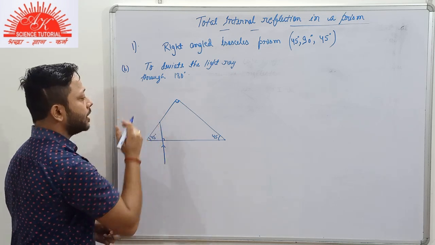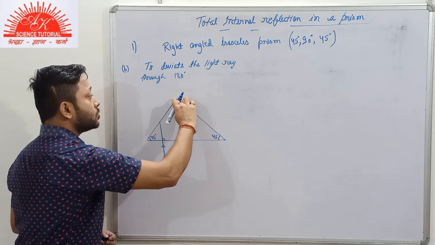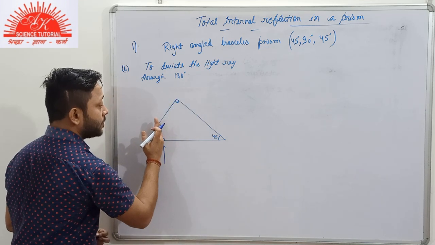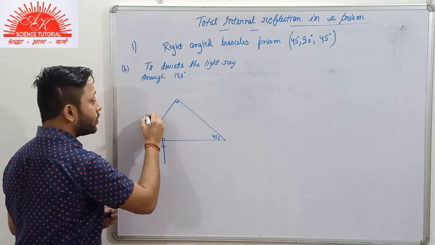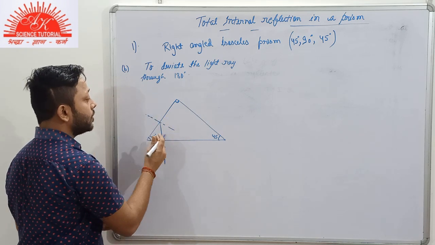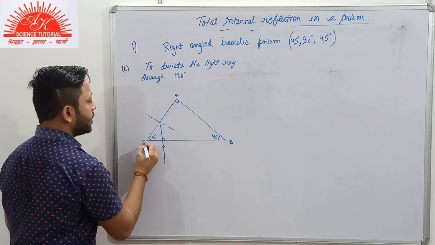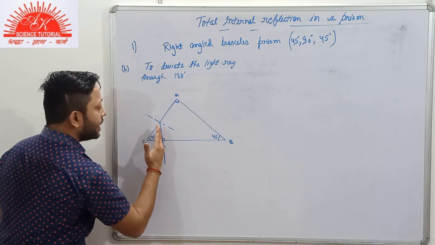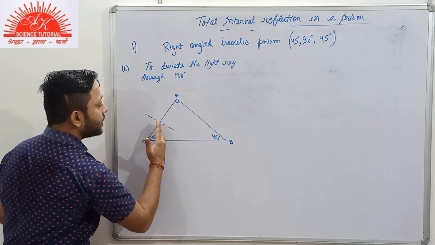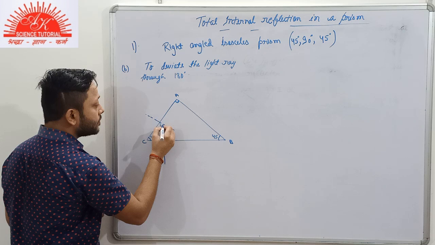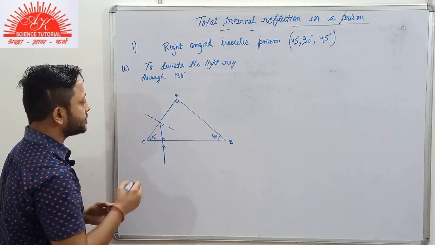So it passes undeviated. Now as soon as this light ray enters the prism, the glass medium, we have to decide what the angle of incidence is when this light ray strikes the surface. Suppose this is A, B and C. When the light ray, after entering the prism, strikes the surface AC, we have to calculate the angle of incidence here.